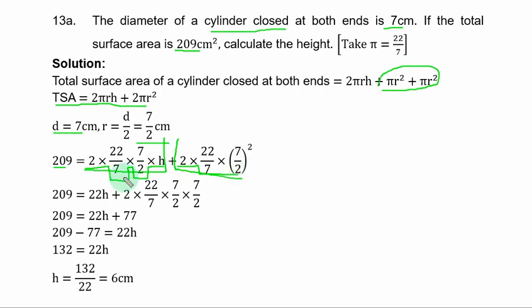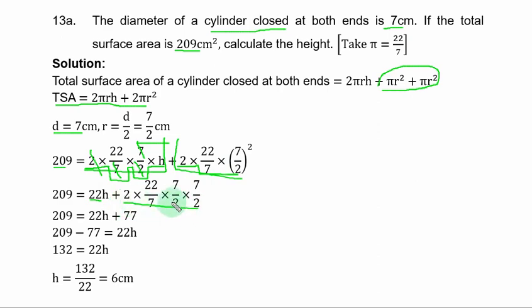You have 209 equal to, 7 cancels 7, 2 cancels 2, you are left with 22h for the first term. Plus, you simplify this term, 7/2 squared, you express it twice.